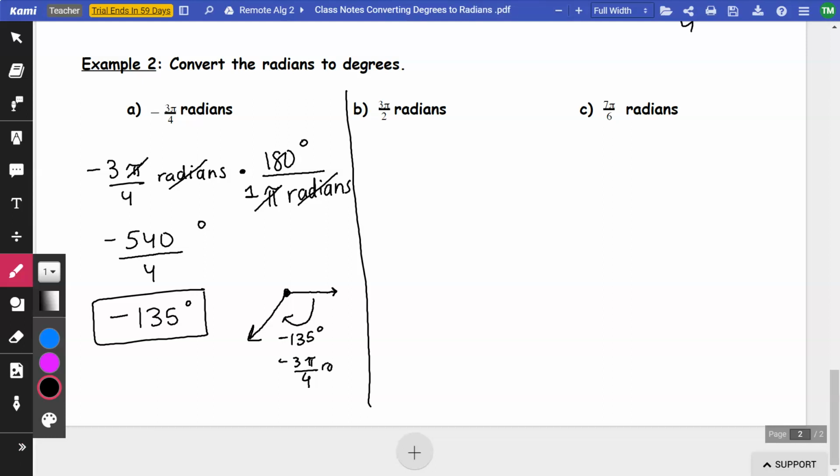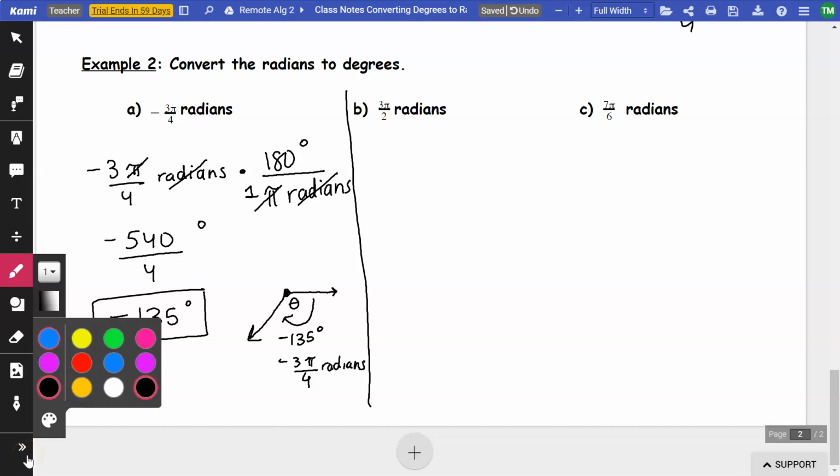Those two units of measure represent this exact same angle theta with a clockwise rotation because it's negative. Why don't you go ahead and press pause, do B and C on your own, and then press play when you're ready to check your answers.